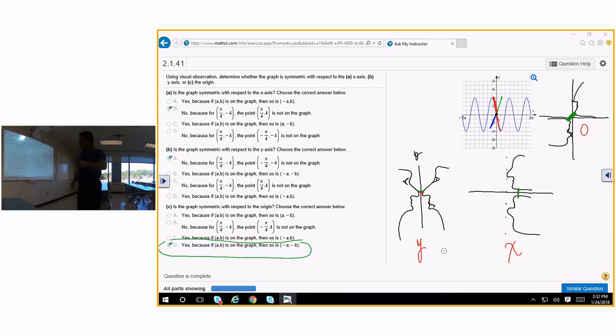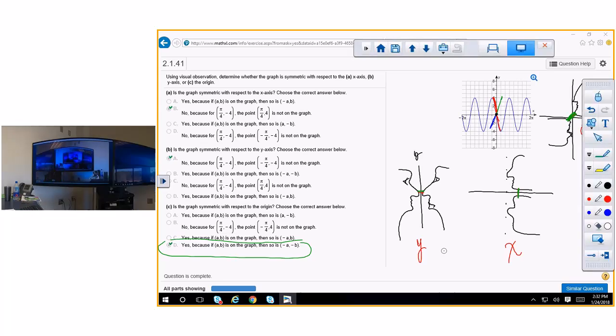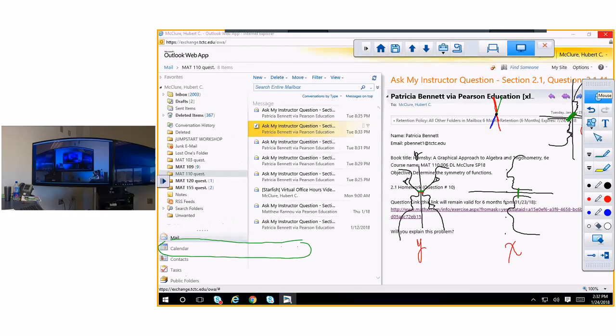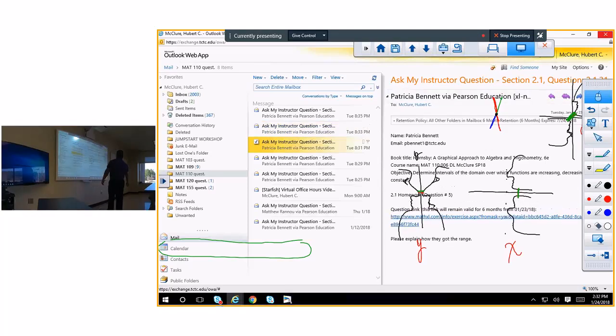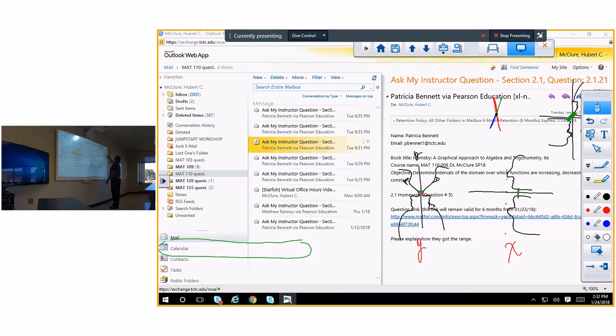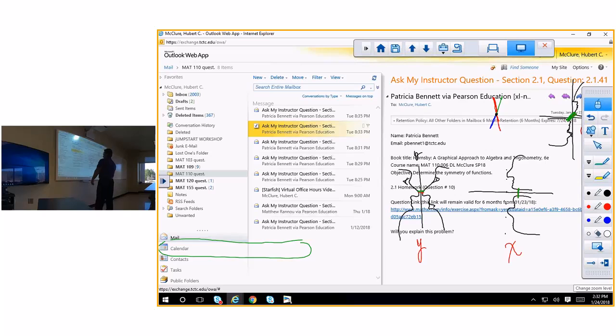Now, let's go ahead and see what is up with the next type of question. The next question, that's 2.1, 41. That was 21. What was this one? Okay, we're going backwards for some reason.